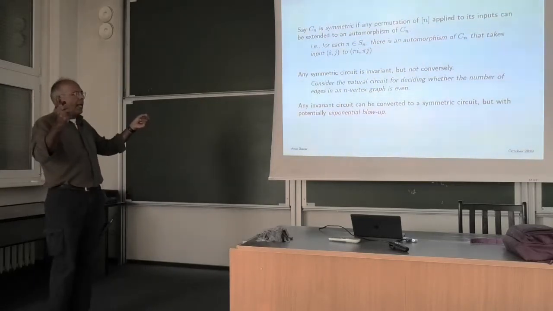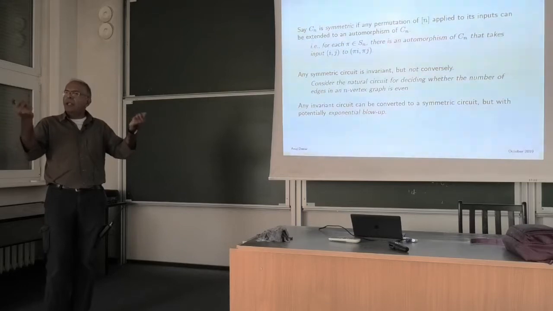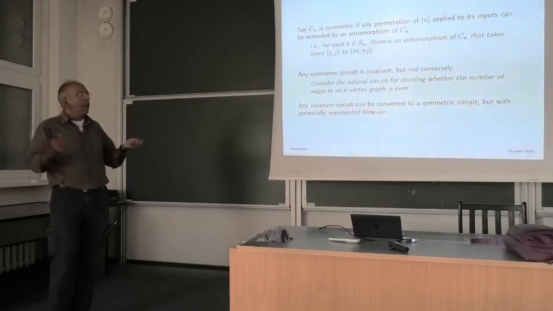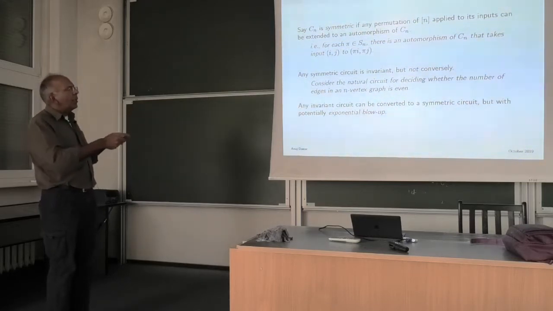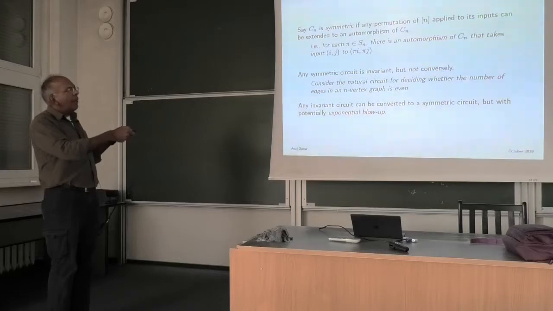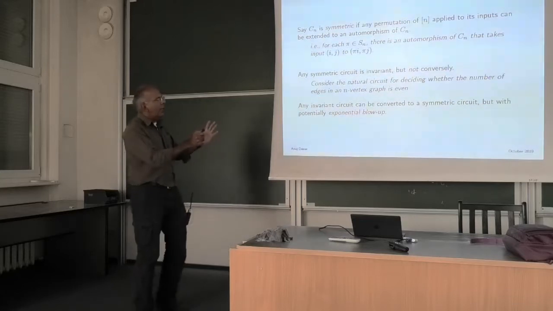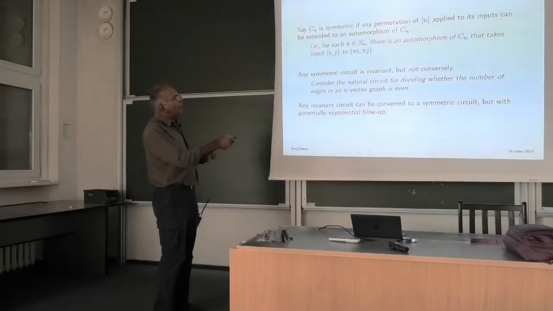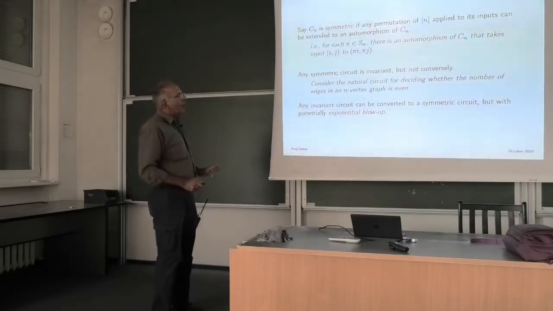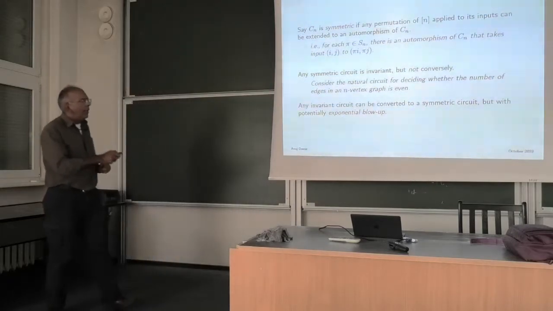So, it has Boolean inputs, I should say, for every relational atom over n. And it is symmetric if any permutation of n, the underlying universe, which I think of as just the numbers 1 through n, can be extended to an automorphism of the whole circuit. I think we elaborated this a little bit yesterday.